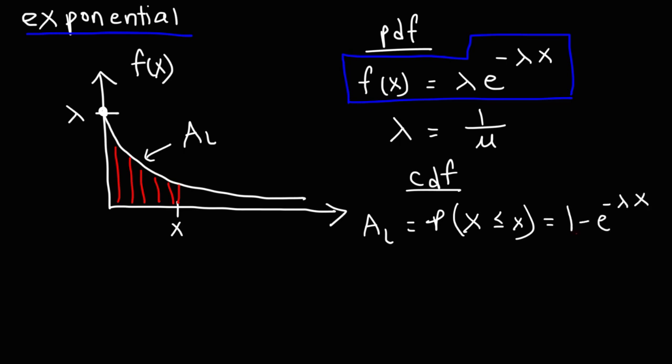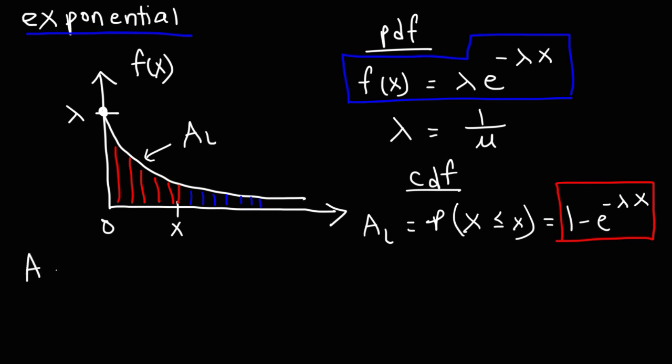So that is the cumulative distribution function. It gives us the area under the curve to the left. So if we wish to calculate the probability that x is between 0 and, let's say, a, this function will help us get the probability. It's equal to the area under the curve. Now, what if we wish to calculate the area to the right as opposed to the area to the left?